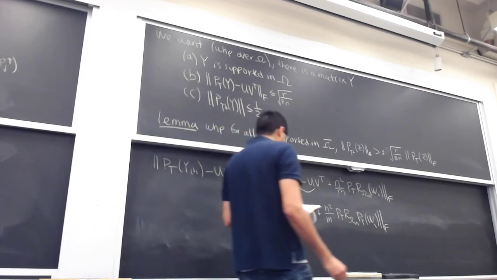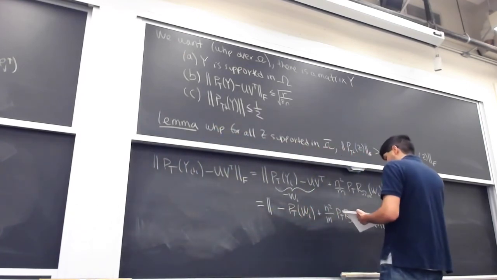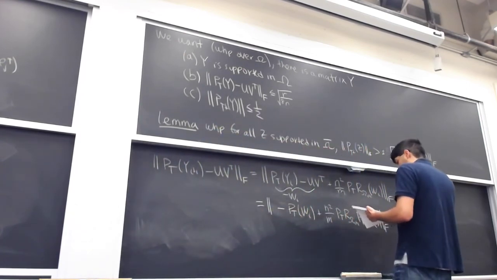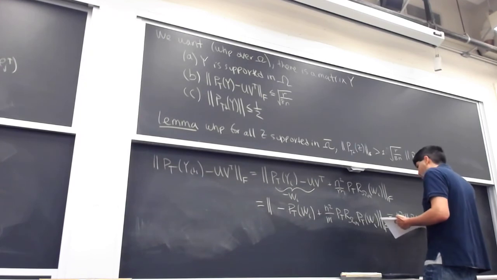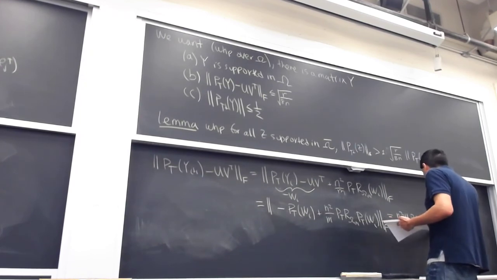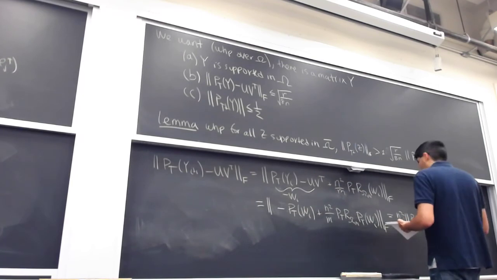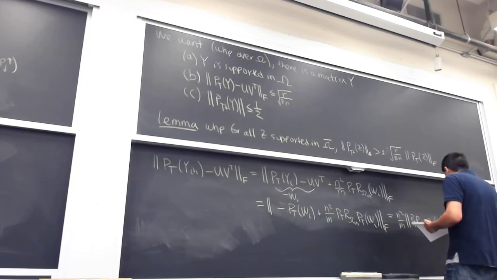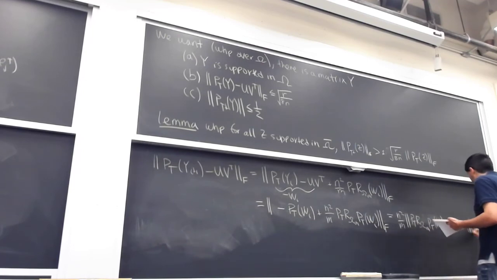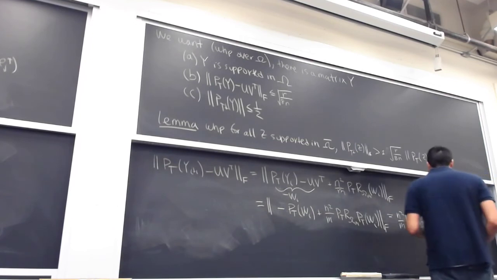So at the end of the day, all of this is now equal to n squared over m times PT R_{omega_{i+1}} PT of W_i minus m over n squared PT of W_i, in norm.